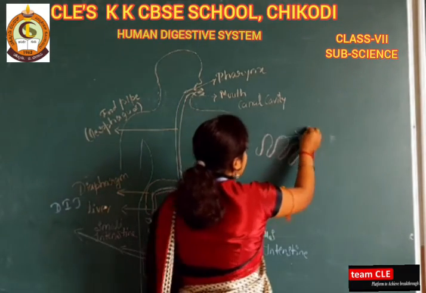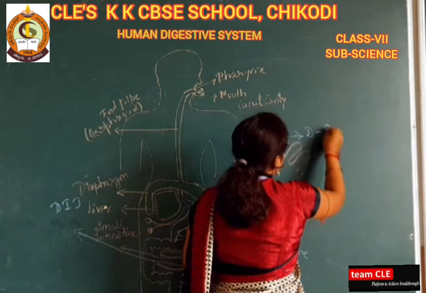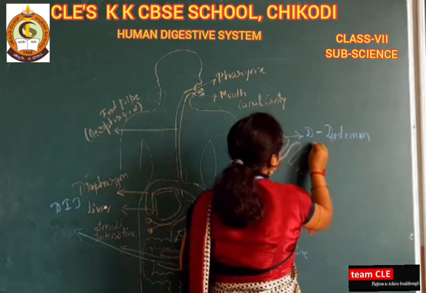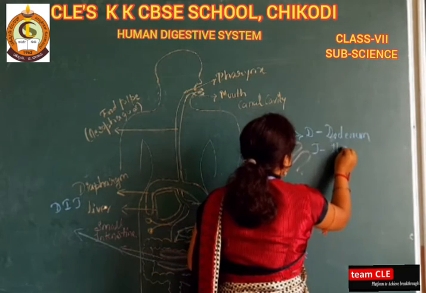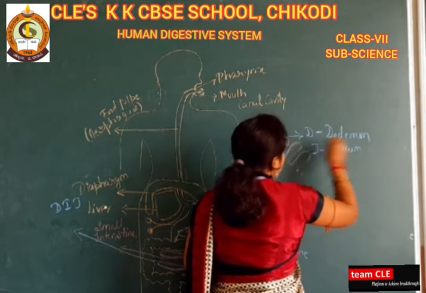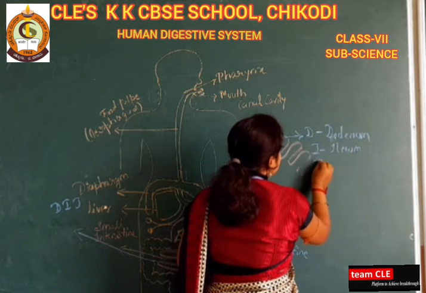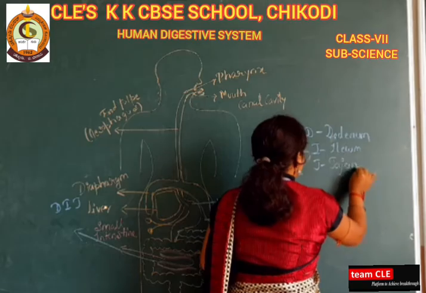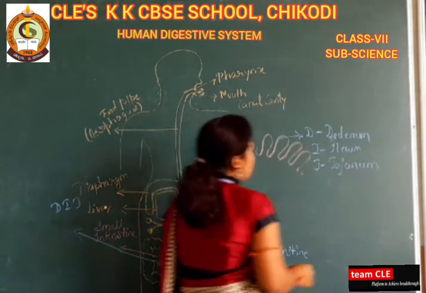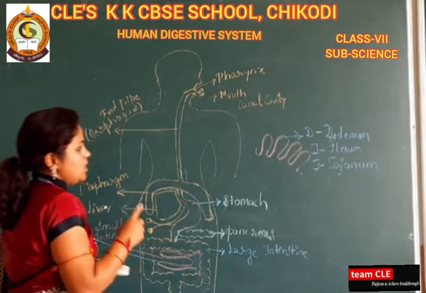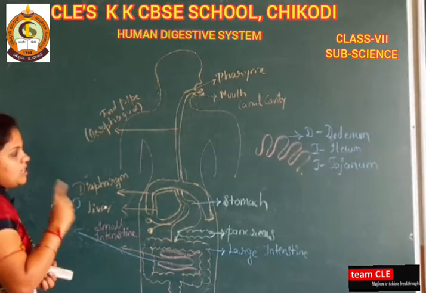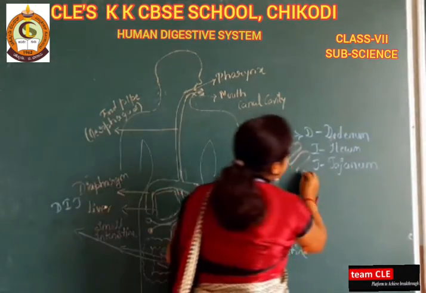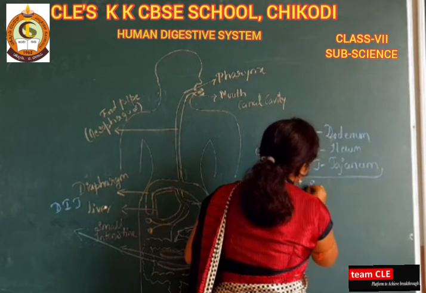D is duodenum, I is ileum, and J is jejunum. So the full form is duodenum, ileum, jejunum. Where does it exist? It exists in the small intestine.